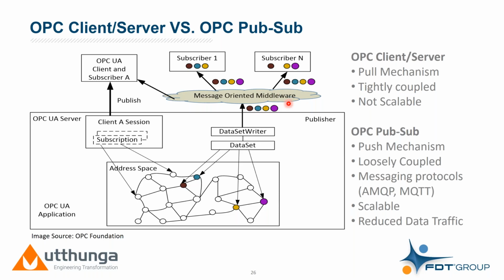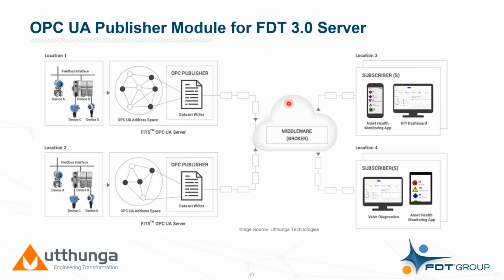Now when we map this to our asset health monitoring use case, we have all these field devices and we have an OPC UA server here. The OPC UA server can be from various vendors. And with that OPC UA address space, we have built an additional OPC publisher module, which publishes this data to a broker.